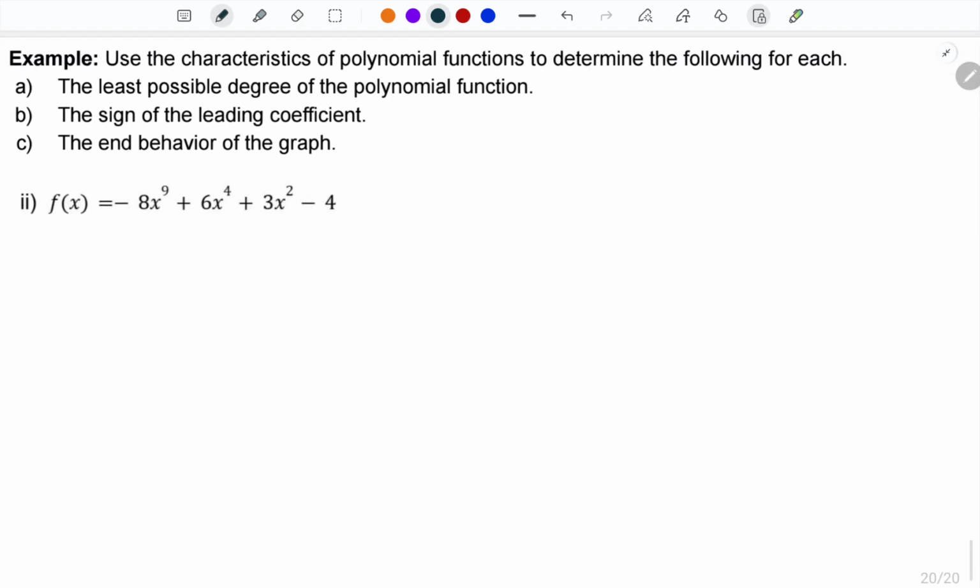Okay. And the last example here, let's use the characteristics. The least possible degree of the polynomial, that's just directly from the equation. But let's go through the other parts. The sign of the leading coefficient, well, that again is from the equation. Most importantly, though, so negative is the end behavior.